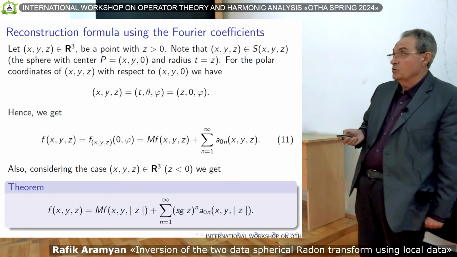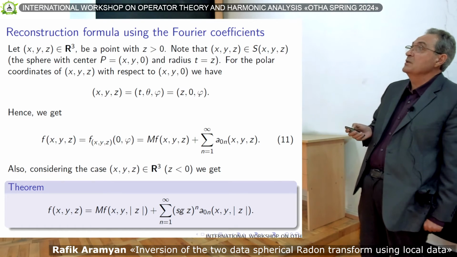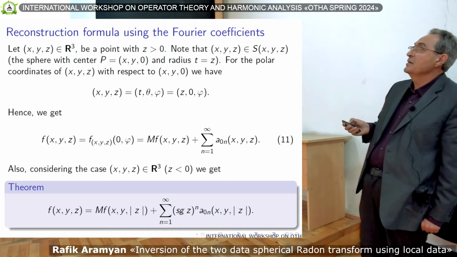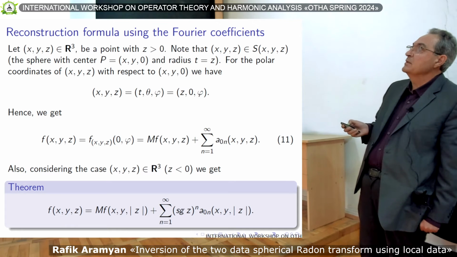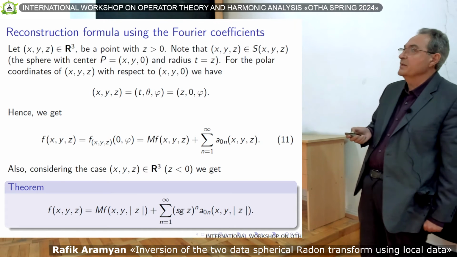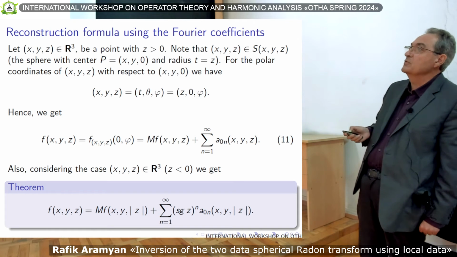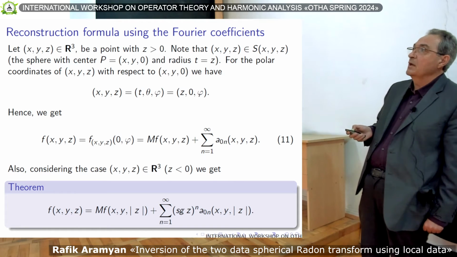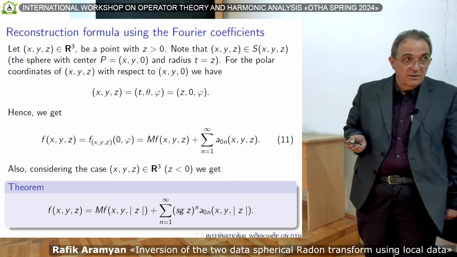Now about the inversion formula, the reconstruction formula using Fourier coefficients. For a point (x, y, z), I consider the sphere with center (x, y, 0) and radius z. Of course, the point belongs to the sphere, and for the polar coordinates of the point with respect to the center, substituting this expression into the expansion formula, we obtain the following reconstruction formula, one can say, for the unknown function. f(x, y, z) is the sum of the following series, where A0n are the Fourier coefficients.